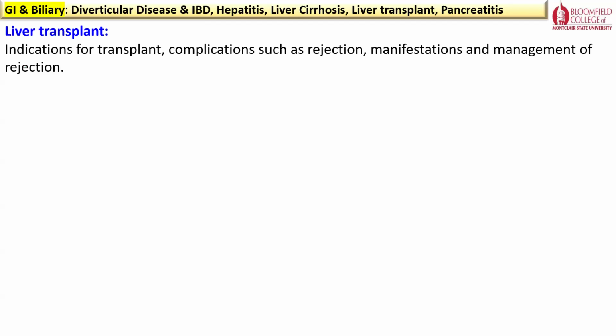So rejection in kidneys is way higher than in liver transplant organs. In terms of the prevalence and the risk for rejection, it has been recorded to be highest in kidney more than in liver transplant.